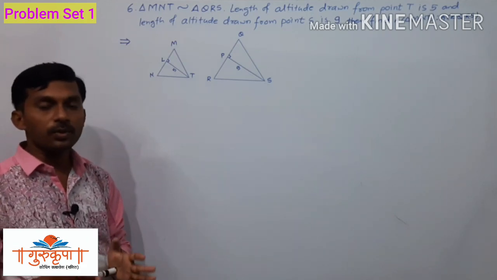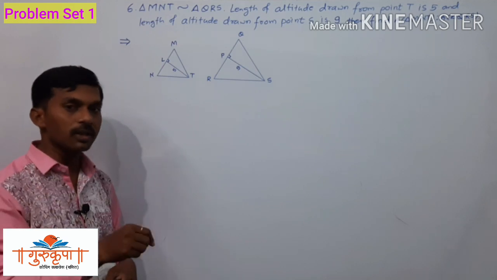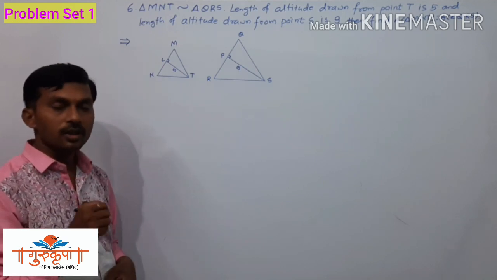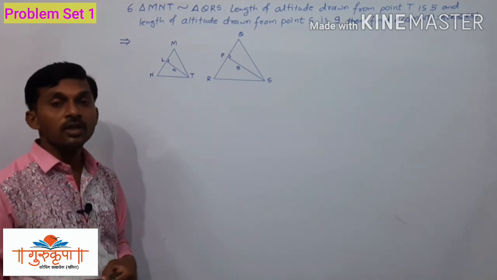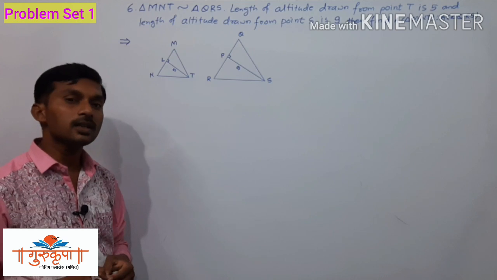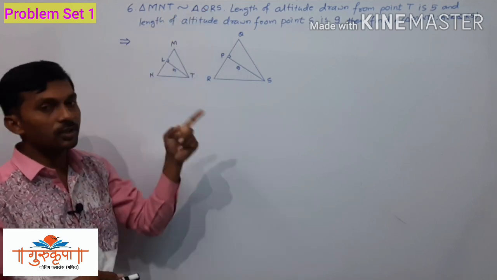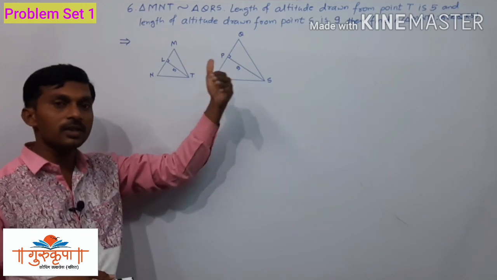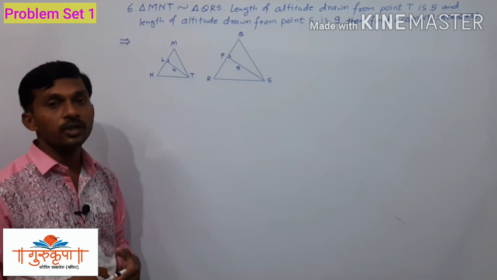We have to use the property of the ratio of the areas of two similar triangles: the ratio of the areas of two similar triangles is equal to the ratio of the squares of their corresponding sides. If two triangles are similar to each other, then the ratio of their areas is equal to the ratio of the squares of their corresponding sides.